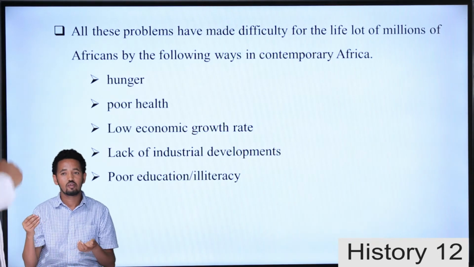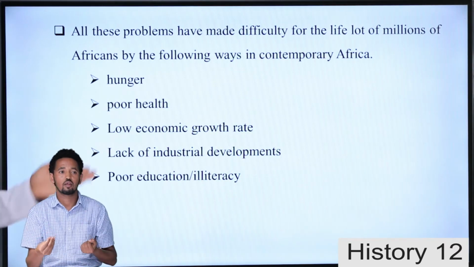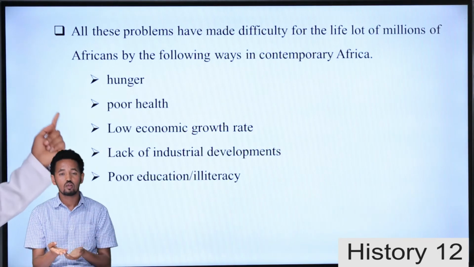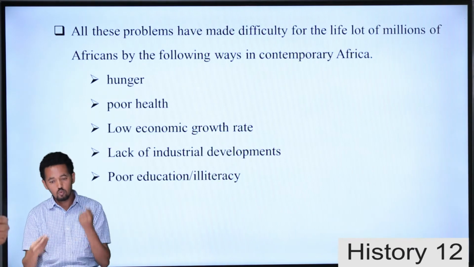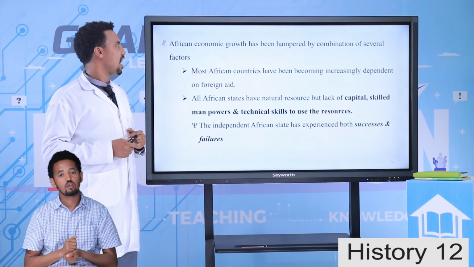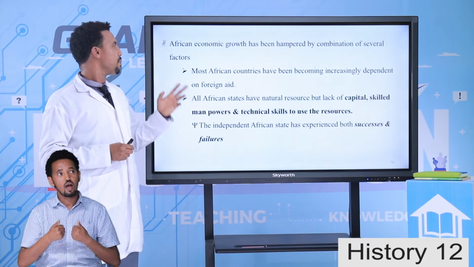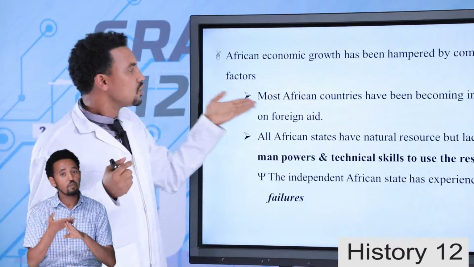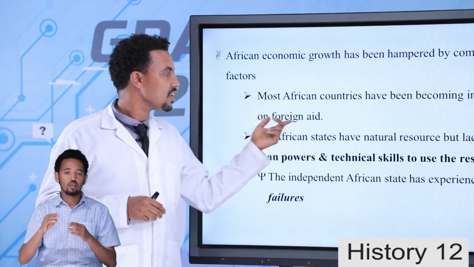There was hunger, poor health condition, low economic growth, lack of industrial development, poor education, or a high number of illiterates. Africa's economic growth had been hampered by a combination of several factors. Those factors, as I told before, mean most African countries have become increasingly dependent on foreign aid.